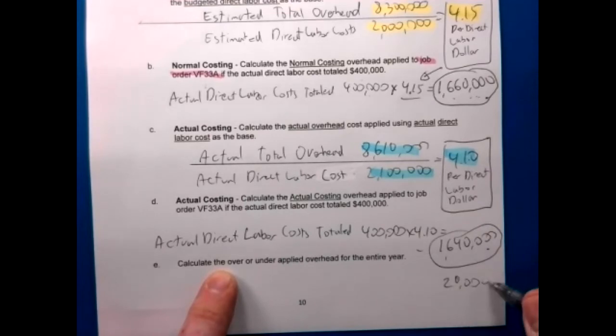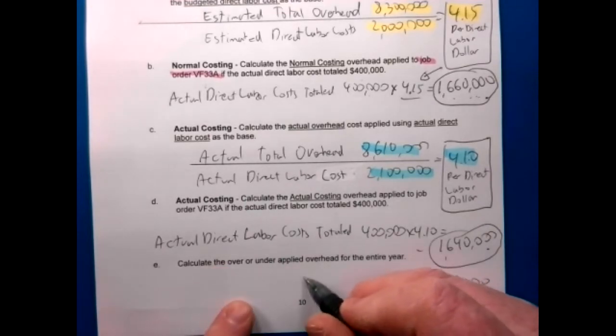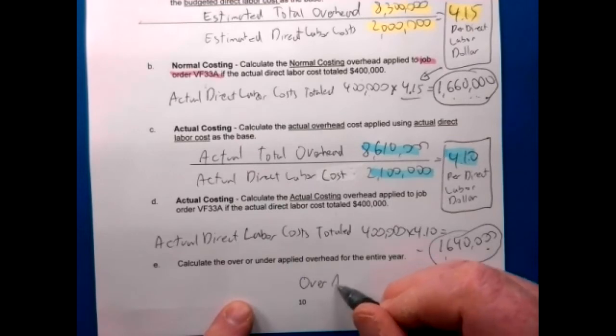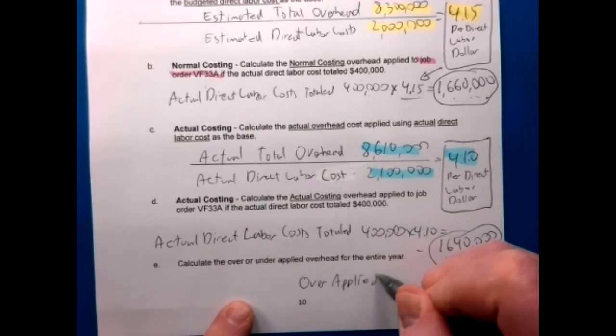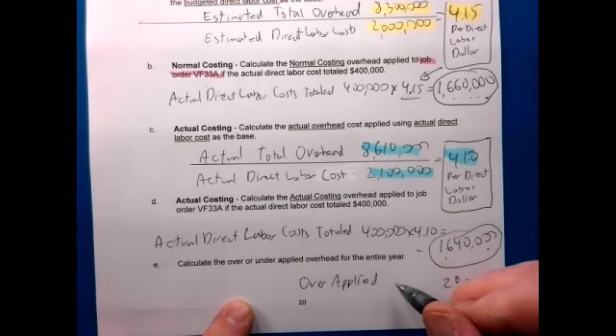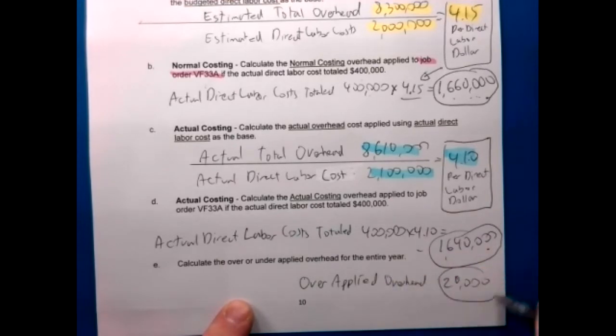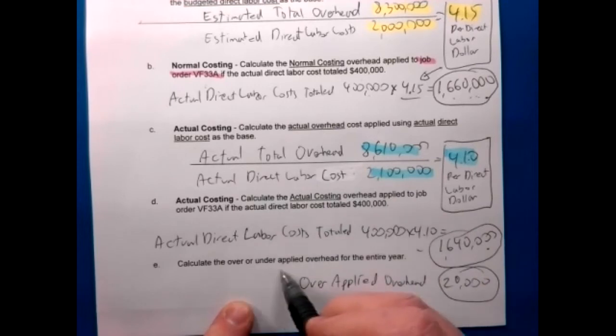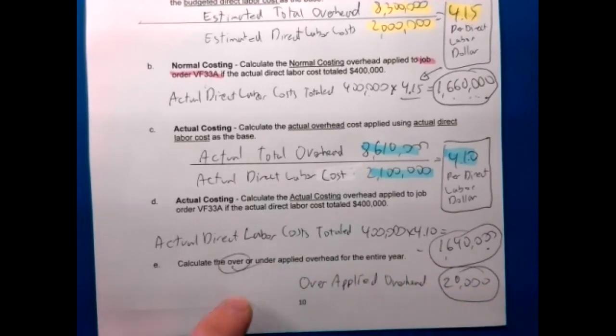So this was actually over applied. They applied 1,660,000. They should have applied 1,640,000.